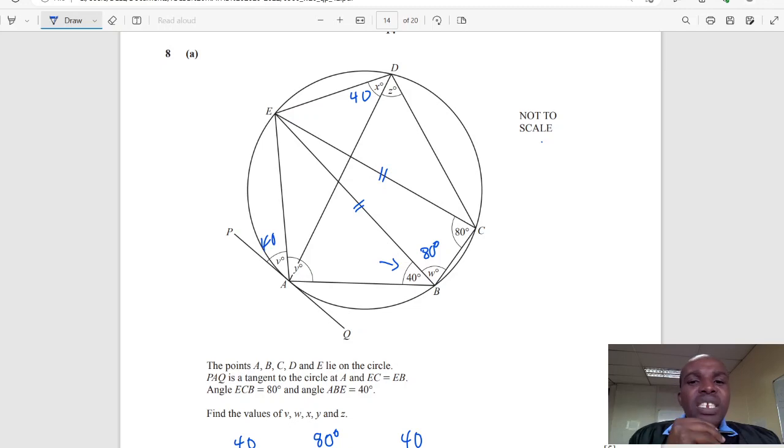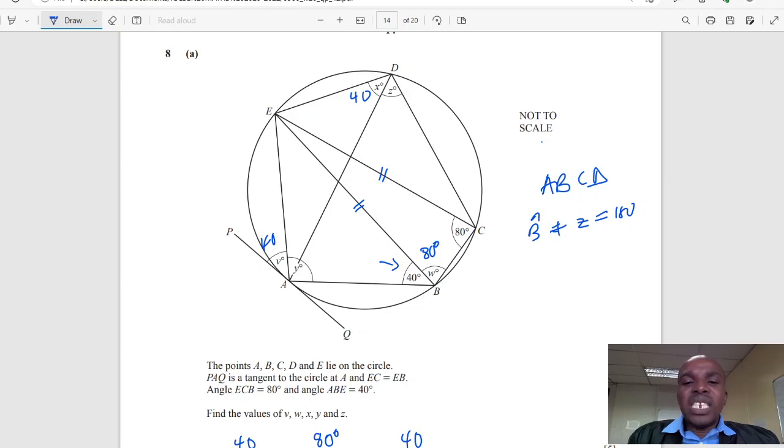Right, next, since we have found W, we can use cyclic quadrilateral ABCD. Angle at B plus Z is equal to 180 degrees. Why? This one is a cyclic quadrilateral. Opposite angles are supplementary, they add up to 180.